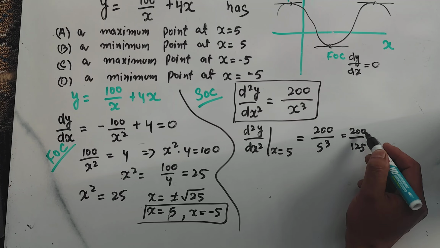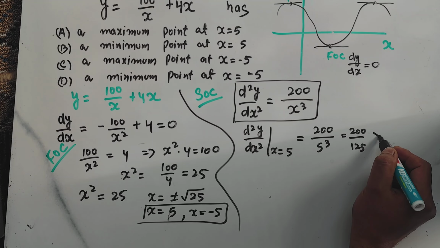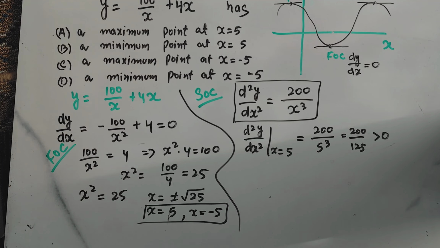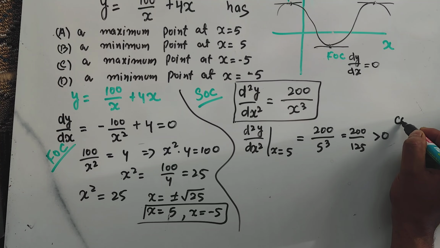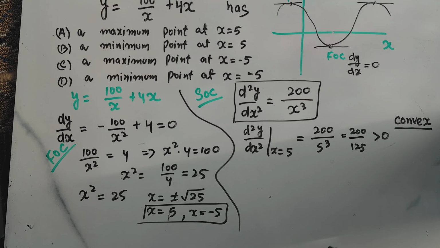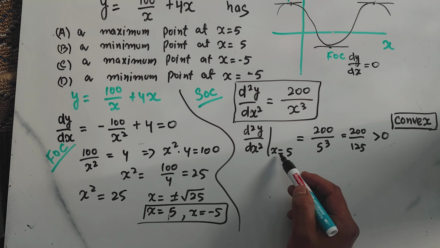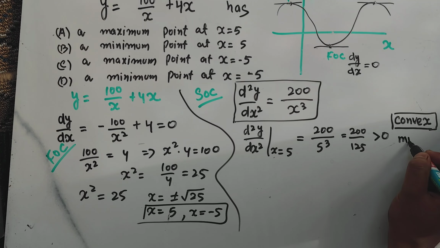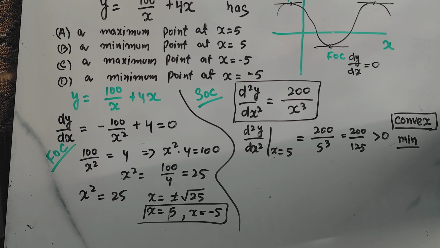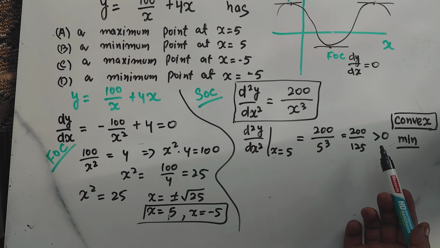Obviously this number will be greater than 0. If the second derivative comes out to be greater than 0, what does this mean? It means we have a convex function. And if it is convex, that implies this point x is equal to 5 is a minimum point. So this point shows us the minimum.